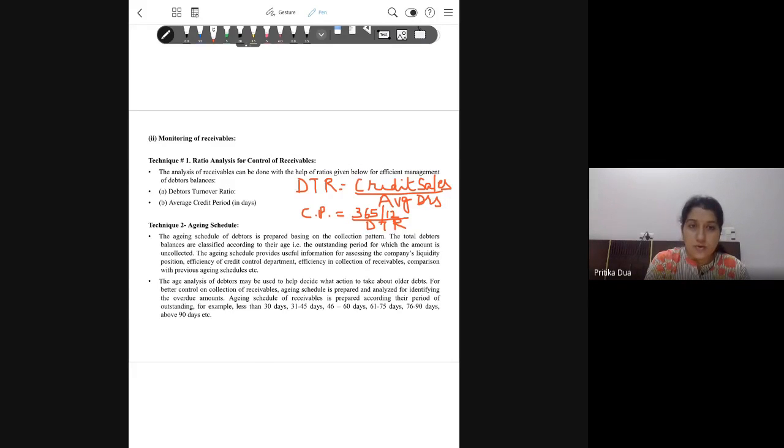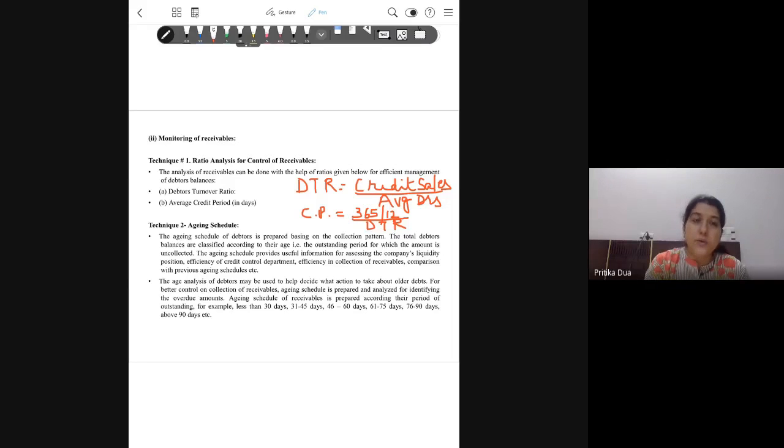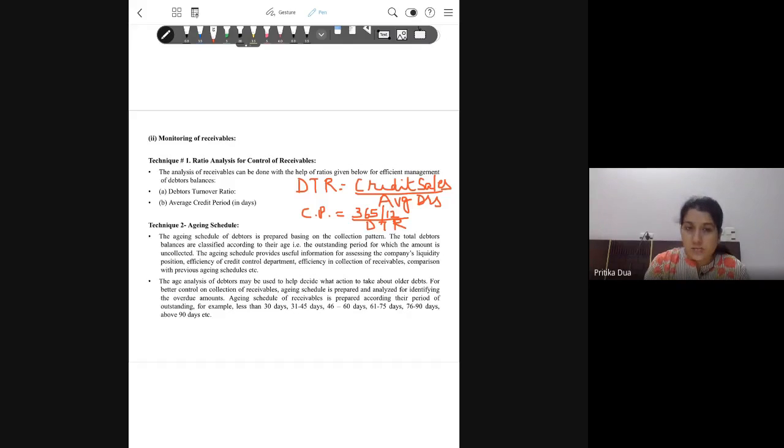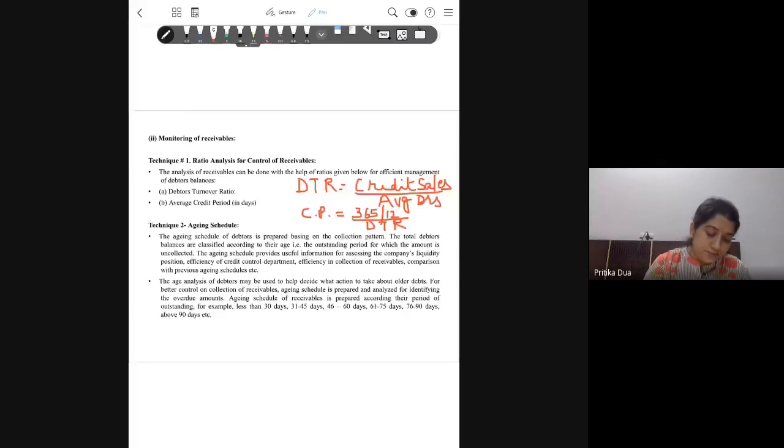These ratios are then used to check the due date of the receivables, what is the length of time that is offered, and in how much time the firm is able to recover money from the debtors. Second technique to monitor the receivables is aging schedule.